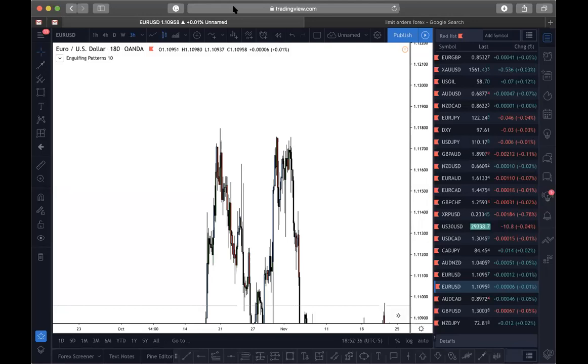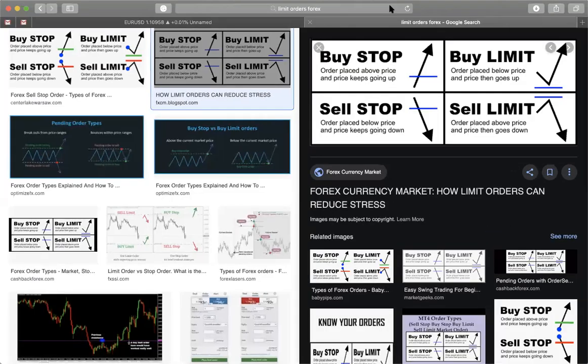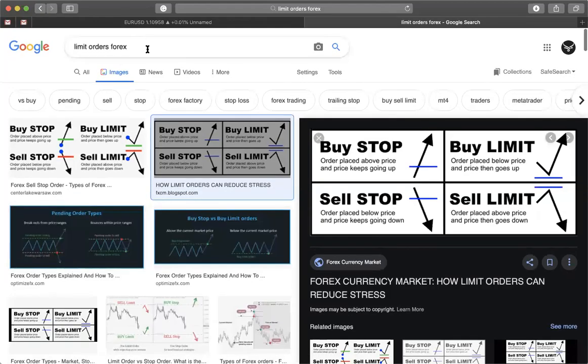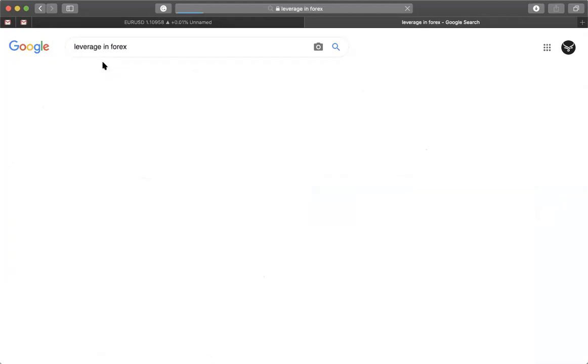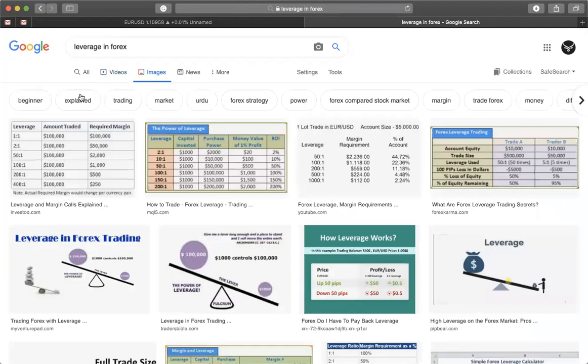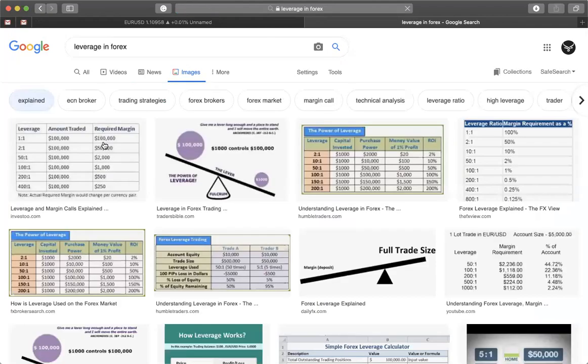I'm waiting. Real quick, can you repeat the definition of leverage? Leverage, okay. All right, let's see. Let me see. We have a more simple explanation from Google.